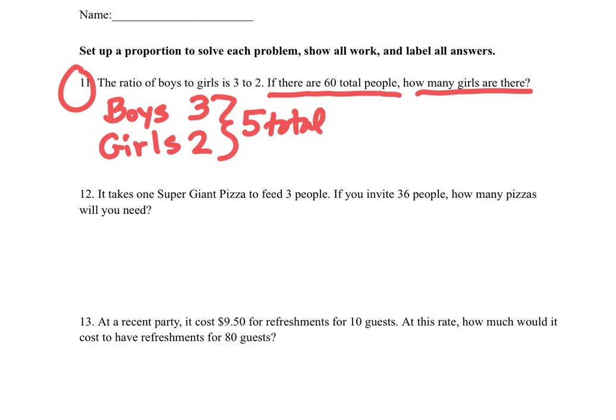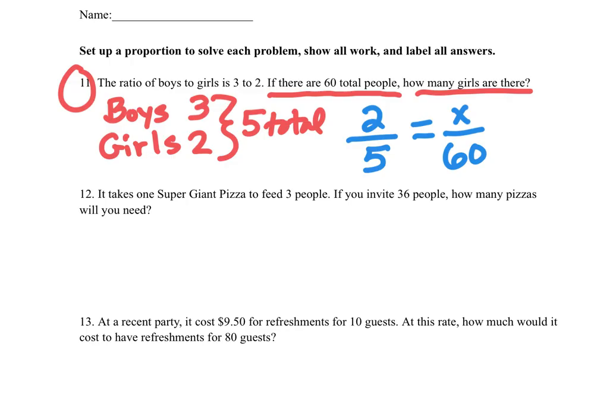So let's look at it this way. There are 2 girls out of every 5 people. And we want to know how many girls there are when we have 60 total people. So that's how I'm setting up this particular ratio.